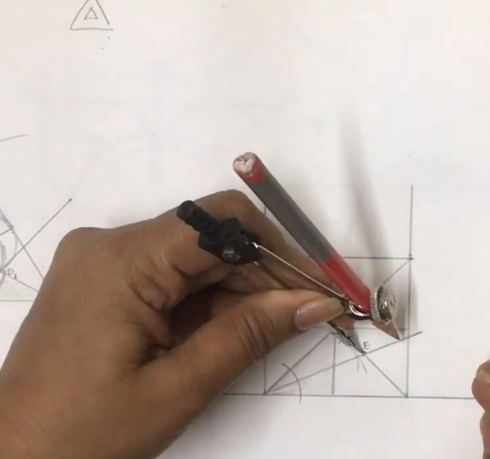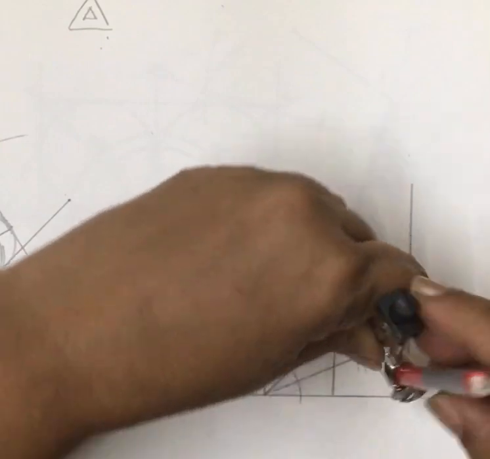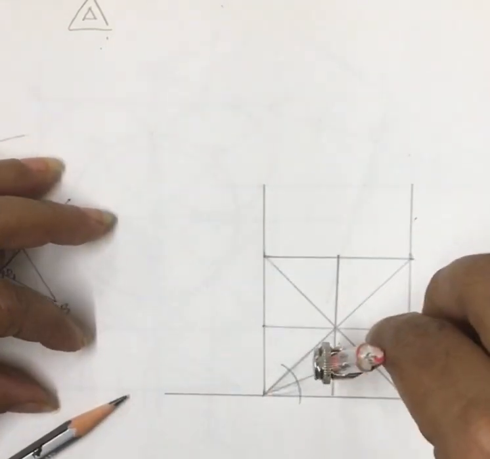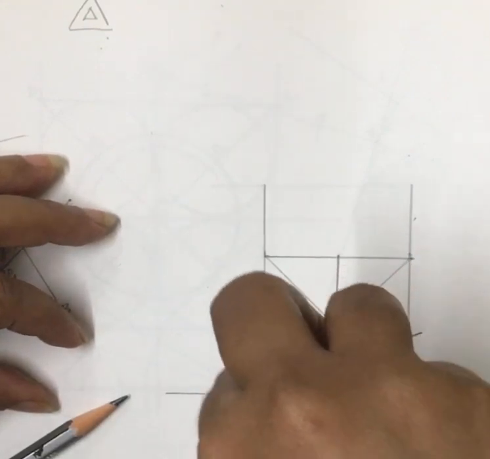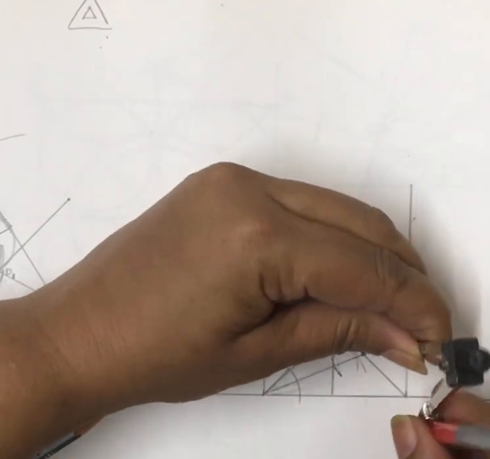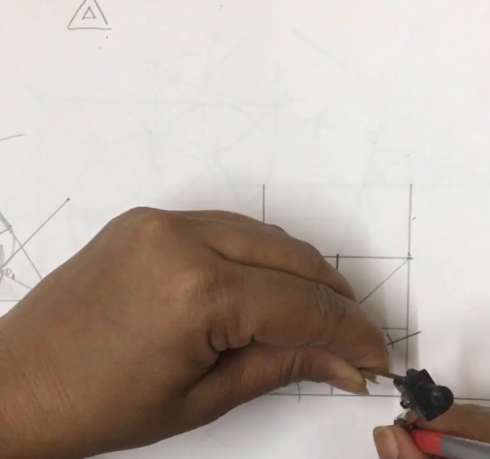So what will you do? You will keep your compass on this point. Cut here, cut here, nicely. Now you will increase the length, and cut here, and cut here.